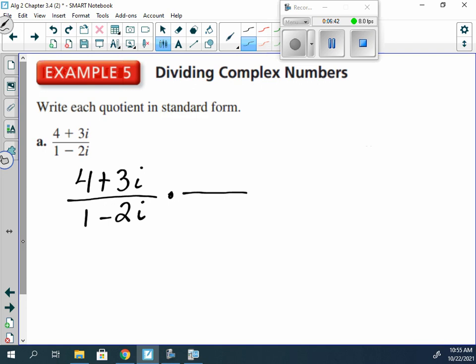As we just saw, if I multiply 1 minus 2i by its complex conjugate, all of the i's will simplify out. We won't have i anymore. It'll just be a number. So what we can do with this fraction is multiply it by the denominator's complex conjugate. So what is the complex conjugate of 1 minus 2i? We're going to multiply top and bottom by 1 plus 2i.